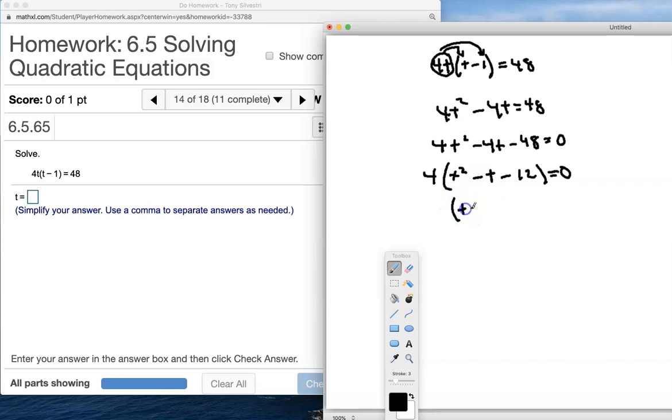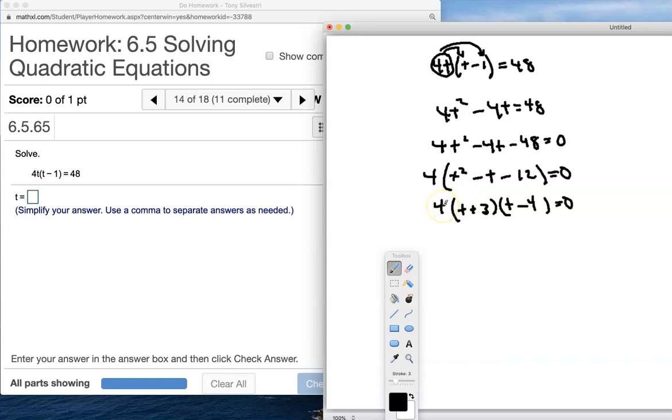You've got to get this pattern of squares and numbers and middle terms of t's. Now factor that pattern. I'm telling you, you're going to get sick of doing this. That's all this Algebra 2 is. Let's move the 4 down. Looks like it's plus and minus, 4 and 3, equals 0. Okay, so we've got 3 factors.